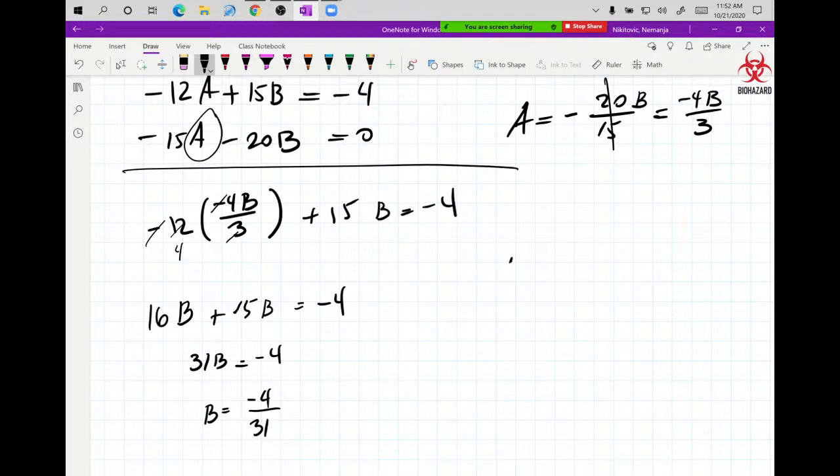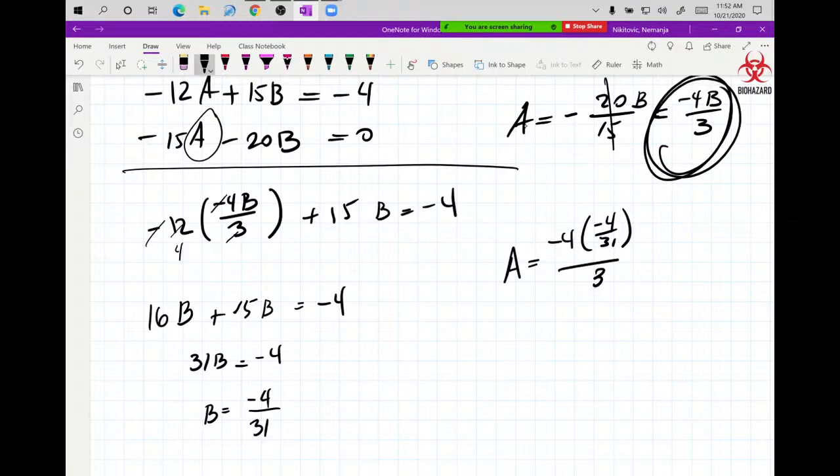I hope this is good. So I really don't want to do this again. A equals negative 4 over 31 divided by 31. No, divided by 3, not 31. Negative 4 times b, which is in our case negative 4 over 31, divided by 3, okay.